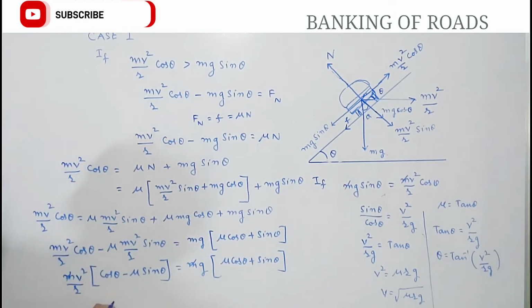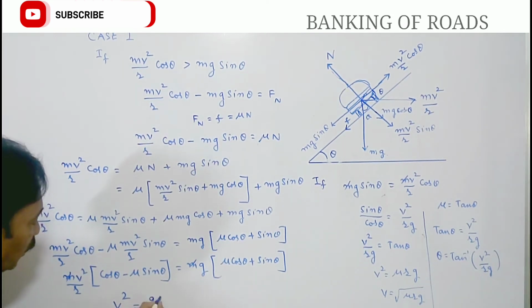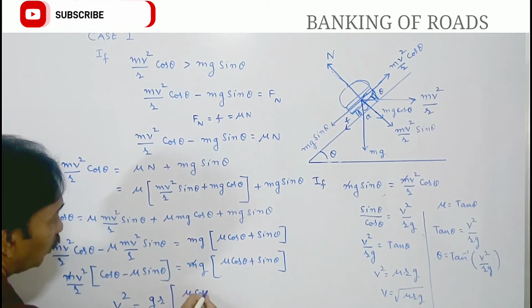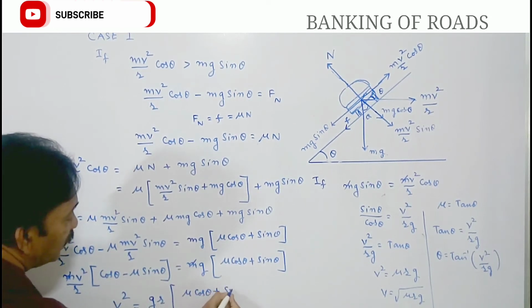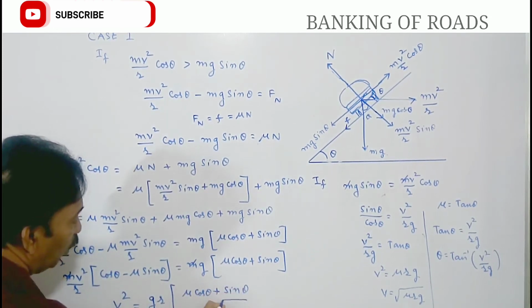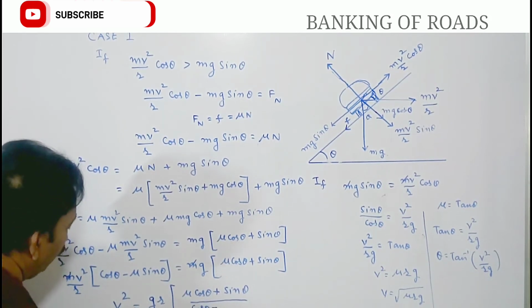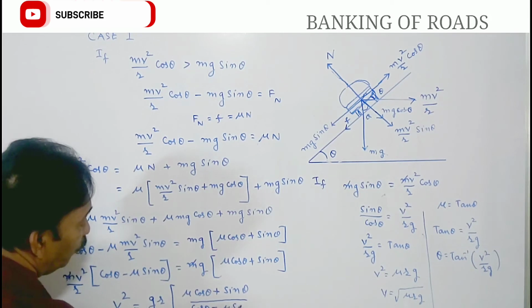The m gets cancelled. V square is equal to gr of mu cos theta plus sin theta upon cos theta minus mu sin theta.